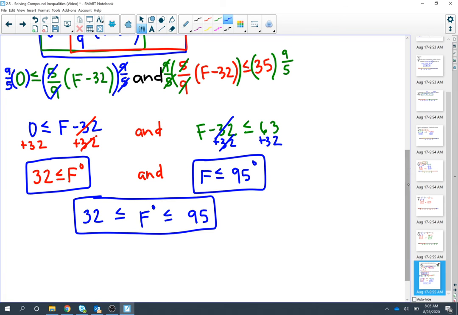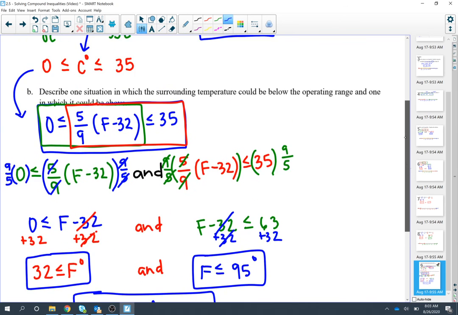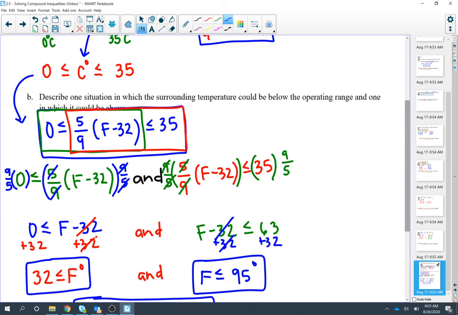Okay, now we have to scroll back up and complete letter B. Letter B: describe one situation in which the surrounding temperature could be below the operating range and one in which it could be above. So think about a situation where the surrounding temperature, meaning the temperature in the air or wherever you're at, is below 32 degrees Fahrenheit.